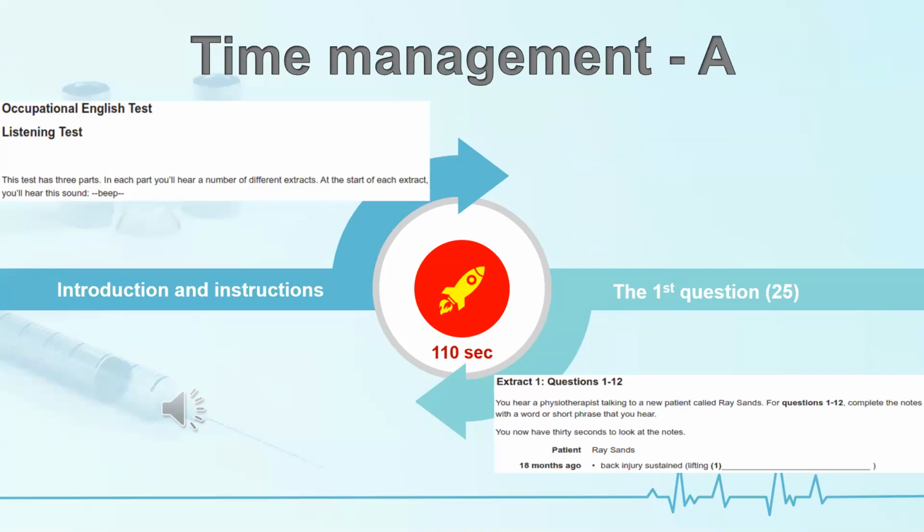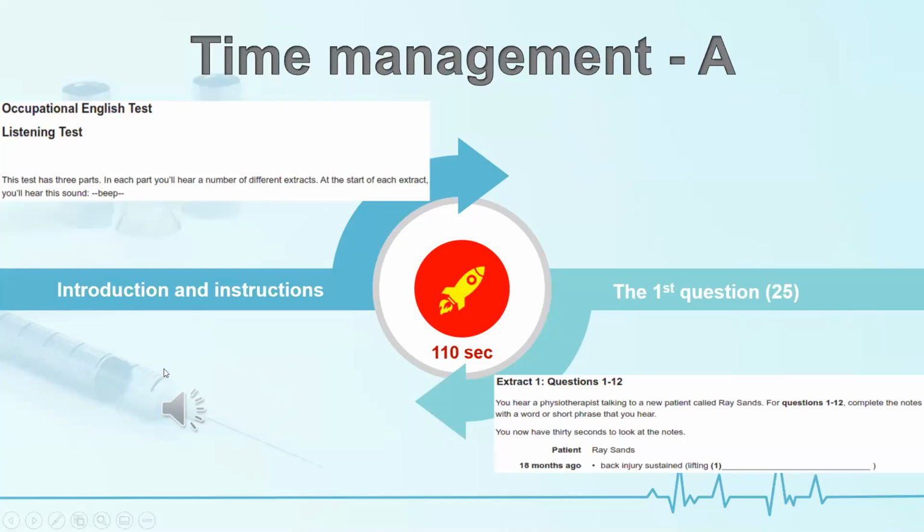At the end of the test, you'll have 2 minutes to check your answers. Part A. In this part of the test, you'll hear 2 different extracts. In each extract, a health professional is talking to a patient. For questions 1 to 24, complete the notes with information you hear. Now look at the notes for extract 1.